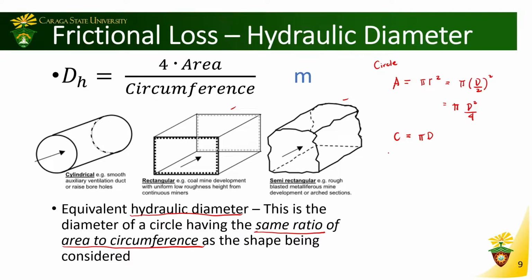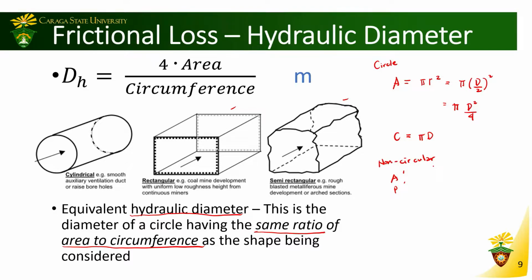For our non-circular body or opening, we could have A prime, which refers to the area of this non-circular opening, duct or airway, and we could also express the perimeter of this non-circular duct or airway as P prime.